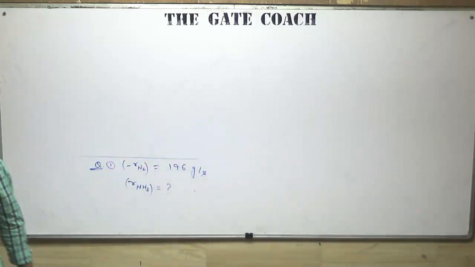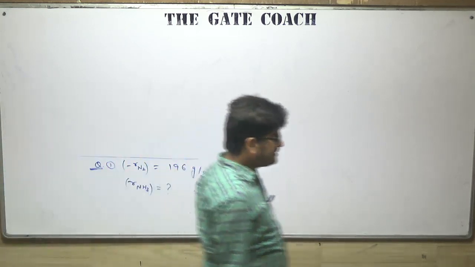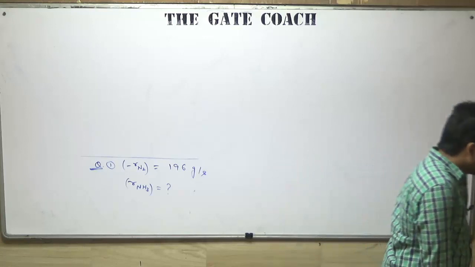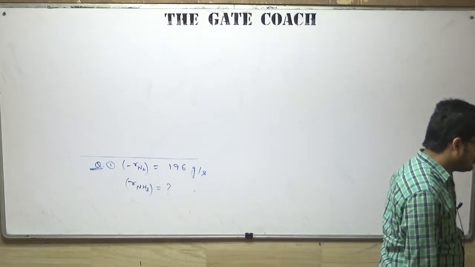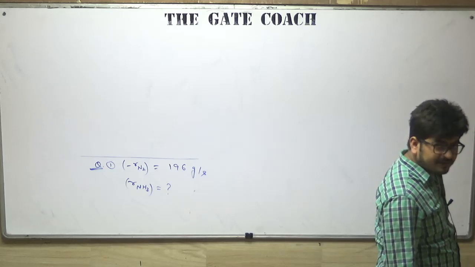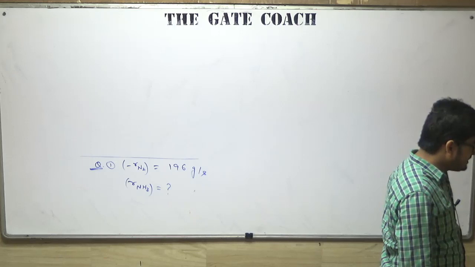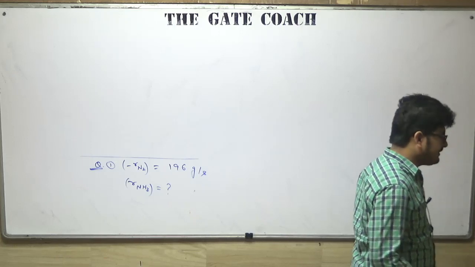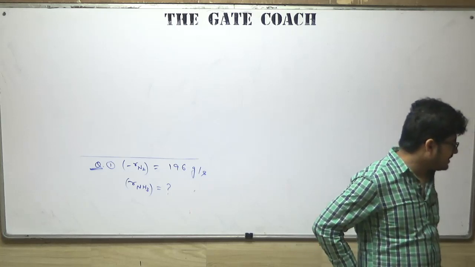What is the answer? 392 what? 392 kilometer per hour, 392 light years, 392 seconds, 392 meter per second, 392 kg? Oh, 392 gram per second. So you change your answer from 392 to 932?